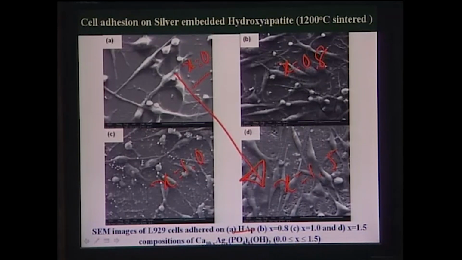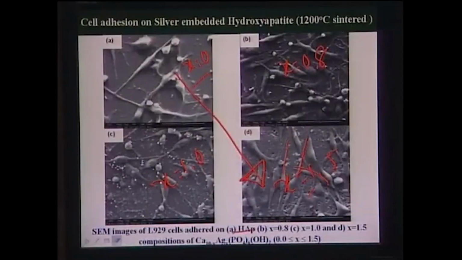Cells proliferate equally, and cells also expand on the material surface by phyllopodia extension. There is cell to cell bridge formation and cellular network formation, which are equally observed at x is equal to 1.5. So that essentially tells you that you can kill the bacteria at x is equal to 1 or a higher level of substitution. At the same time, you can have good cellular fate processes, which are also observed in these materials.